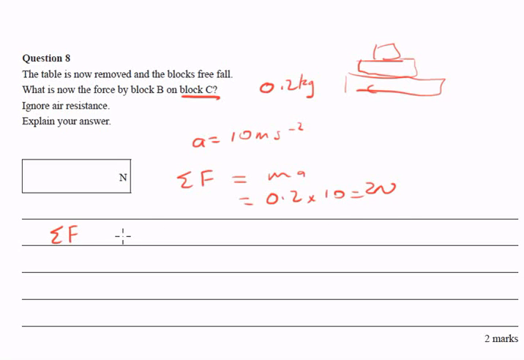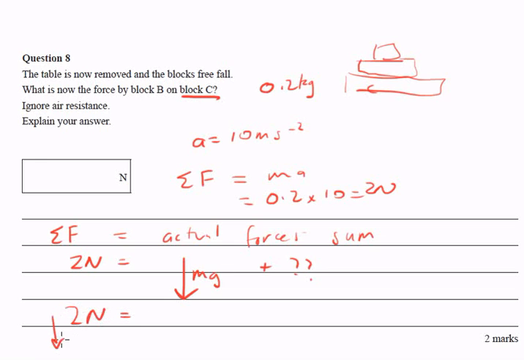The total force is equal to the sum of the actual forces. So 2 newtons equals the actual forces. Now we know one of the forces is gravity, mg, plus are there any others? Are there any others by block B on block C? Well, we've got a downwards force because it's just free falling, and that equals mass of 0.2 times gravity of 10, plus any other forces.